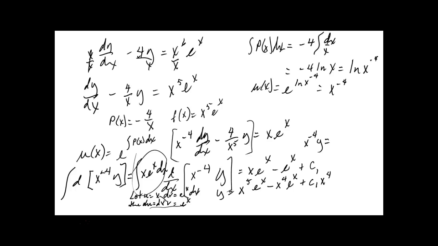That then, I think, is your general solution. Y is equal to x to the fifth e to the x minus x fourth e to the x plus c x to the fourth. I thought I would change something, but I won't, so let's just leave off the 1. That's your general solution.